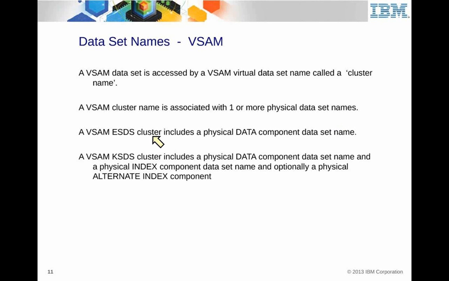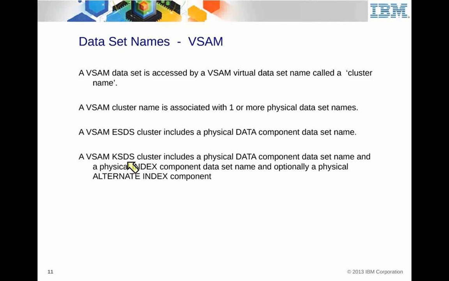One very simple VSAM is called an entry sequential data set. So there's a VSAM cluster name, but it turns out that an ESDS has a physical data component, and the data component's a data set name sitting on disk, but it's referenced by a cluster name. Just remember that because I'm going to be talking about catalogs later, how data sets are located, and this cluster name plays an important part.